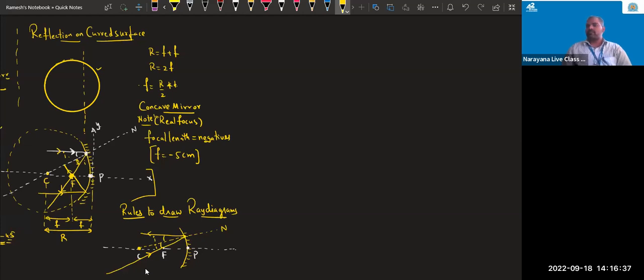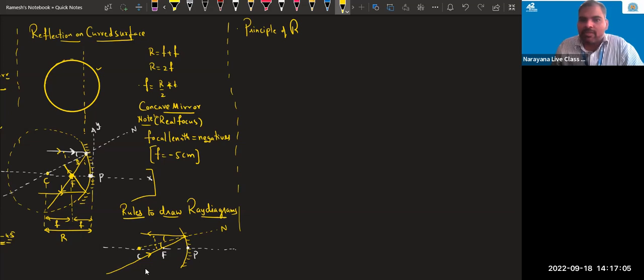Rule number 2 means the reverse case. Reverse case means a ray parallel to the principal axis passes through the point of focus. That principle is called the principle of reversibility. The incident ray and reflected ray can be swapped. If the incident ray becomes the reflected ray, then the reflected ray also becomes the incident ray.